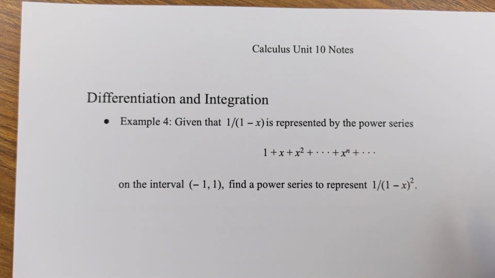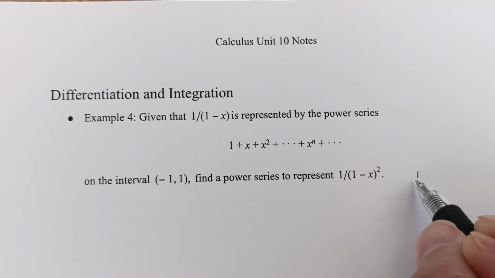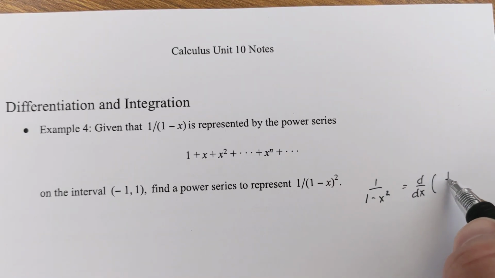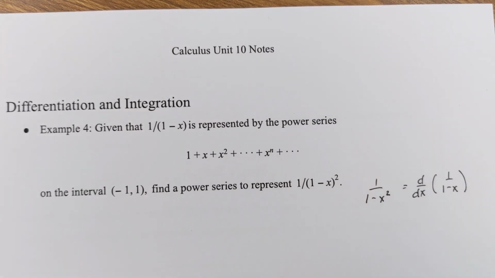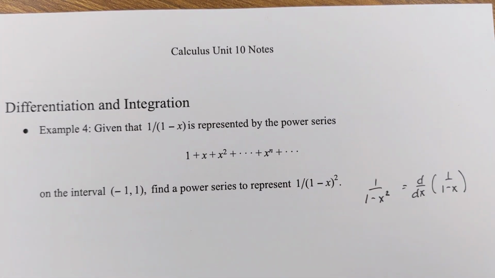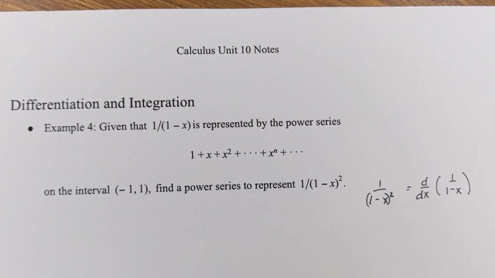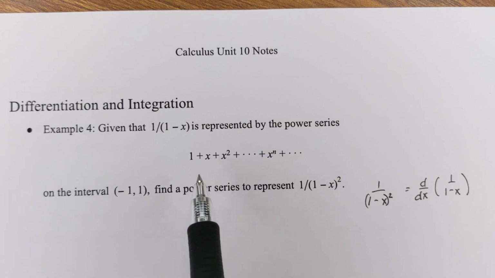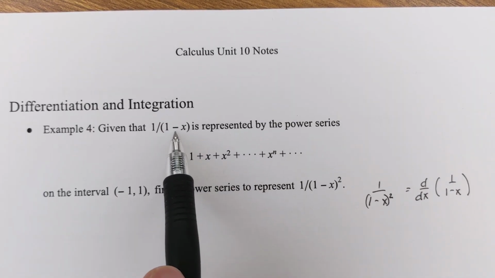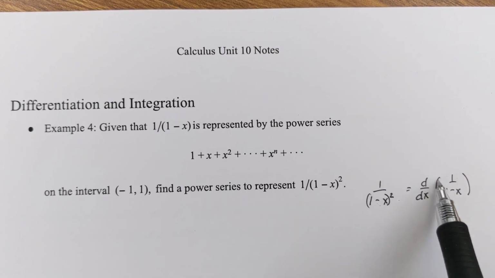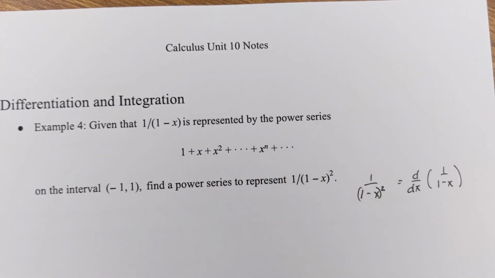The thing I can notice is 1 over (1 minus x) squared is the derivative of 1 over 1 minus x. Which means that if this is the power series for 1 over 1 minus x, if I take its derivative, because this is equivalent to this, I will get the power series.